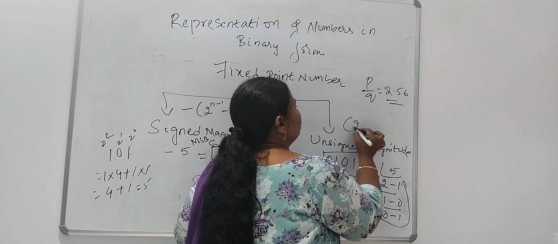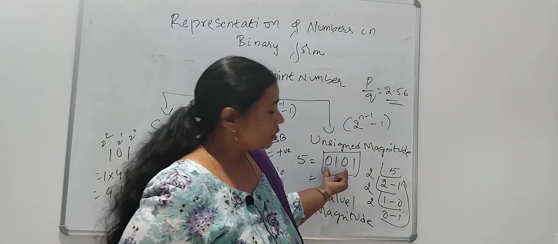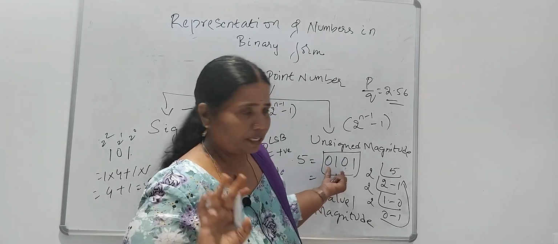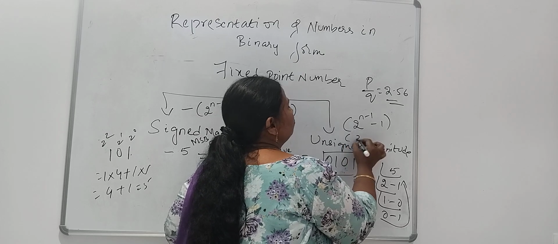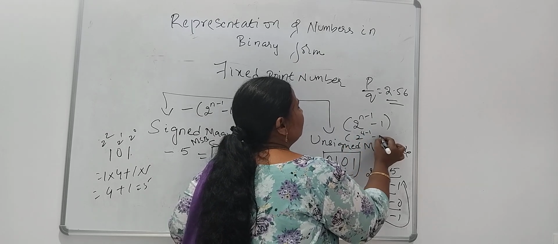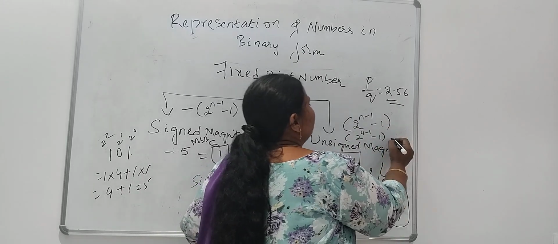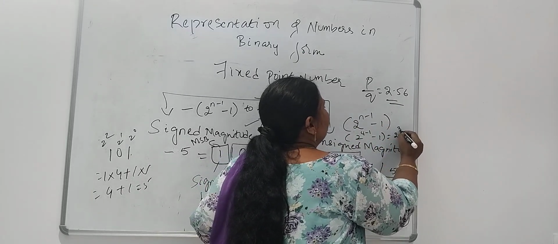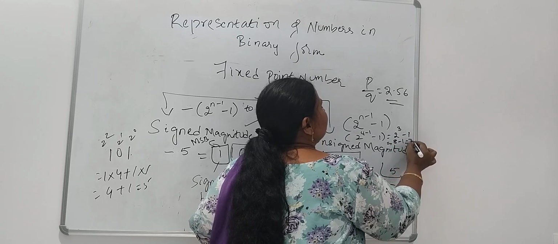That is equal to 2 to the power of n minus 1. So here, how many bits have I taken? 4 bits, isn't it? So n is equal to 4 here. 2 to the power of 4 minus 1, how much will you get here? Tell me. 2 to the power of 3 minus 1, how much is it? 8 minus 1, that is nothing but 7.